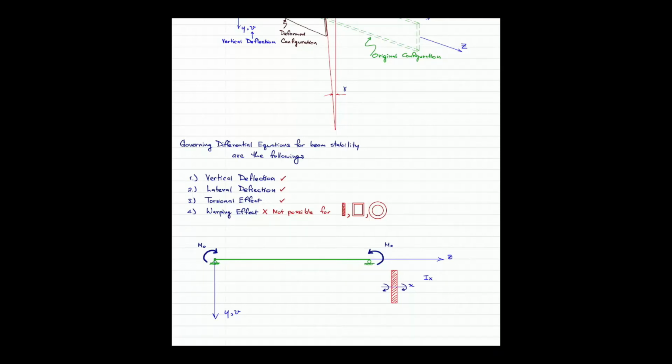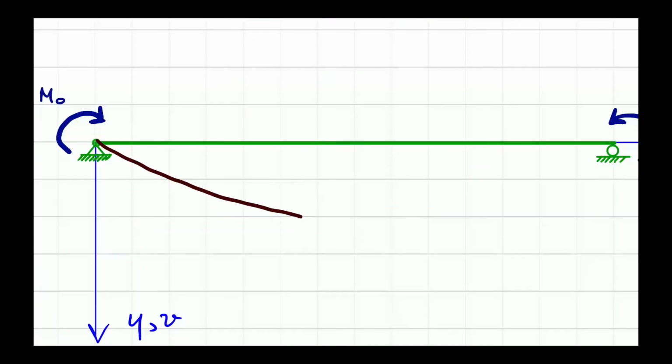So I am going to draw the deformed shape of your beam. It's gonna look like this. If we have this deformed shape, then we can draw the bending moment.